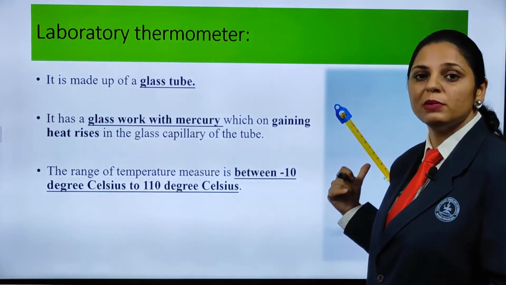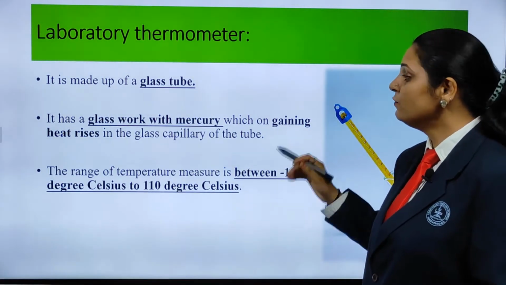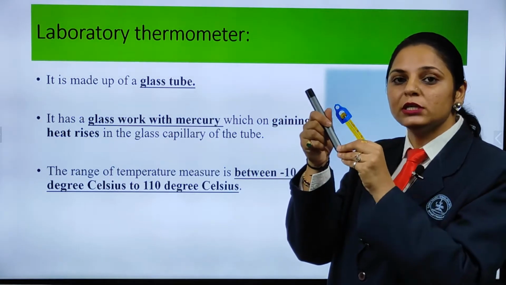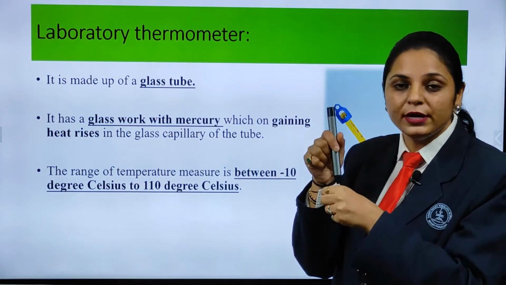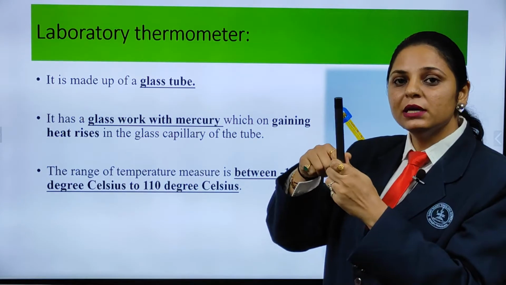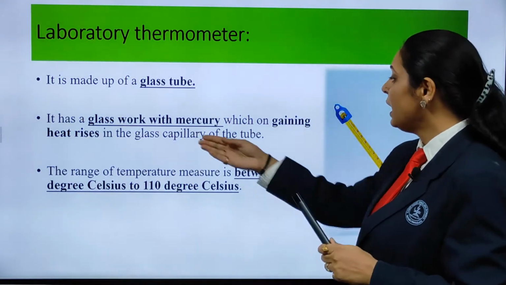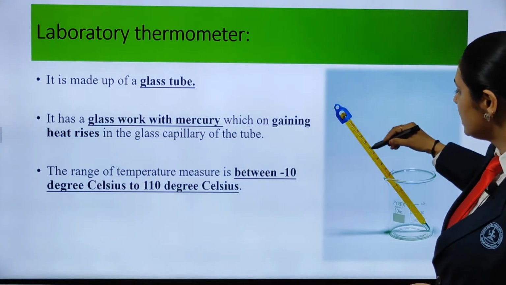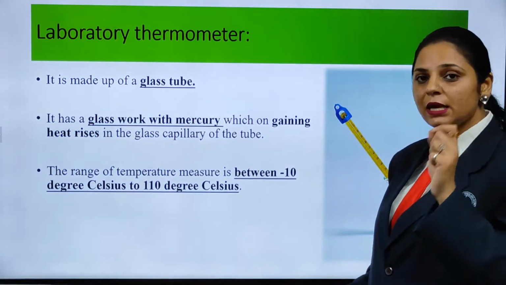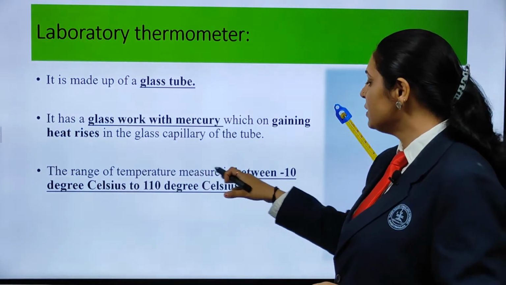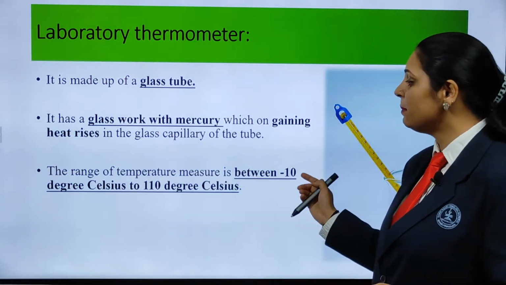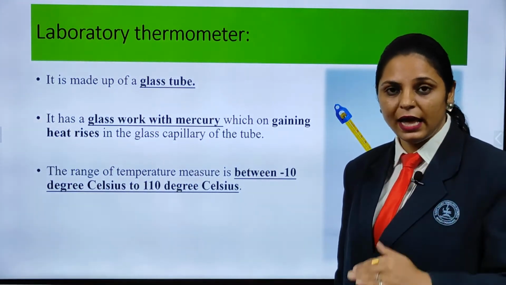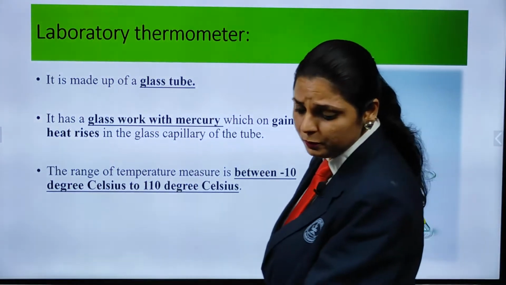In this also mercury is present, and as heat is given to the mercury bulb, when it contacts the hot object, the mercury rises abruptly in the glass capillary tube, the thin tube which you can see here. The range of temperature it measures is from minus 10 degrees Celsius to even 110, so it has the minus 10 range also.